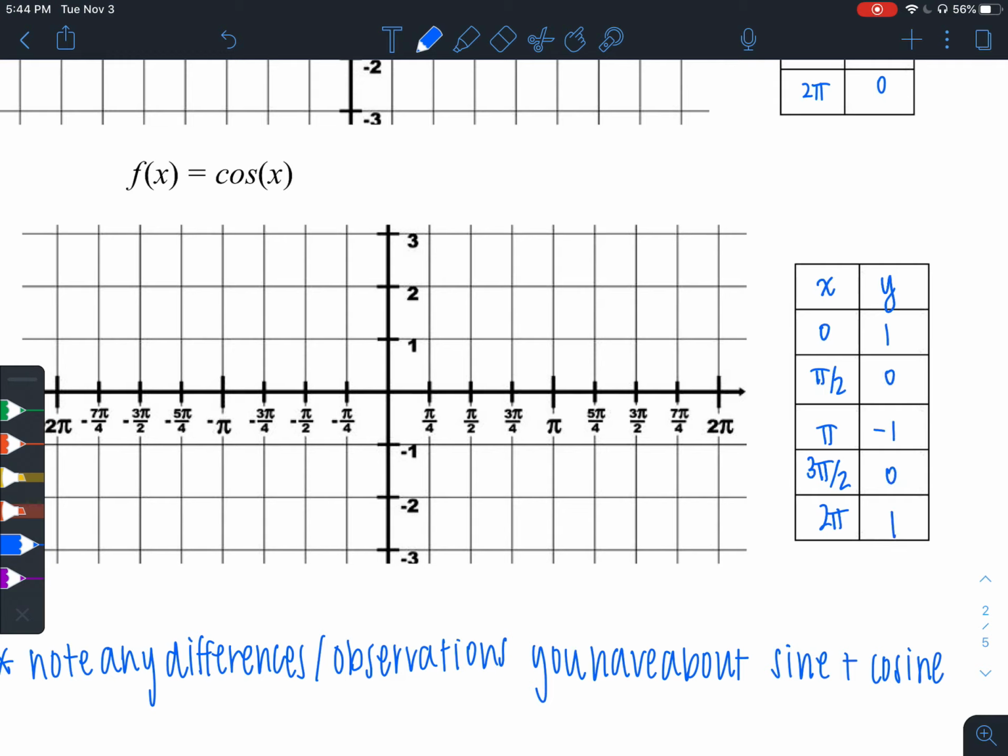You will start to pick up on those patterns if you haven't already. And so then we'll plot 0, 1, pi over 2, 0, pi, negative 1, 3 pi over 2, 0, and 2 pi, 1. And again, it has a bit of a curve to it, like so.